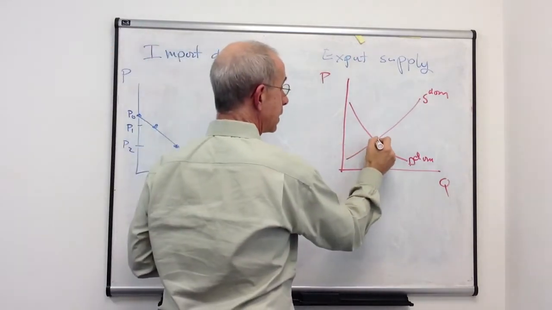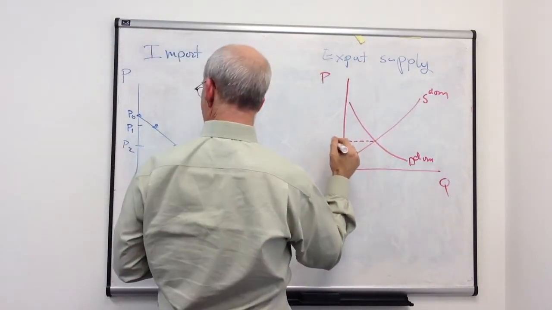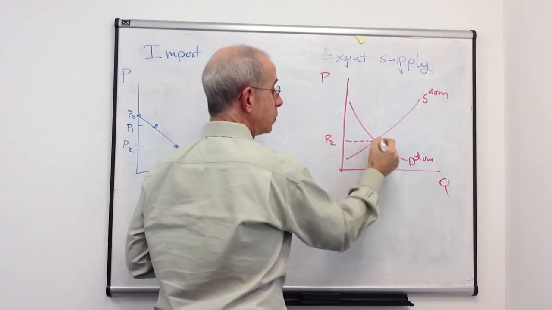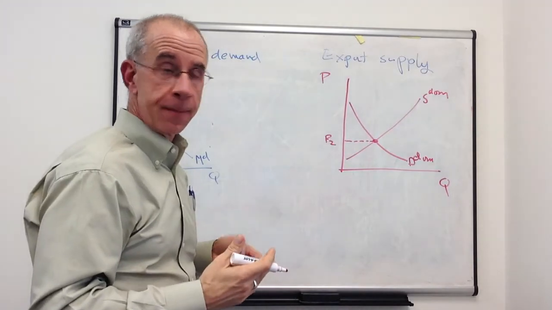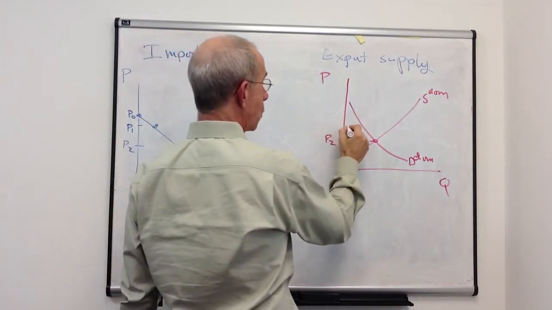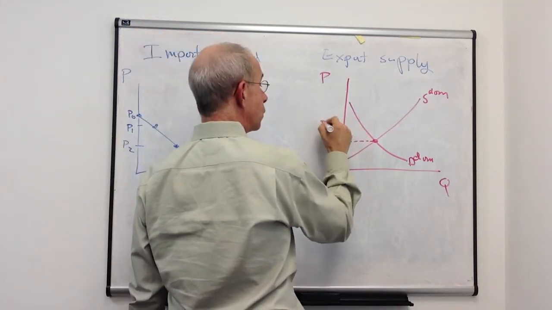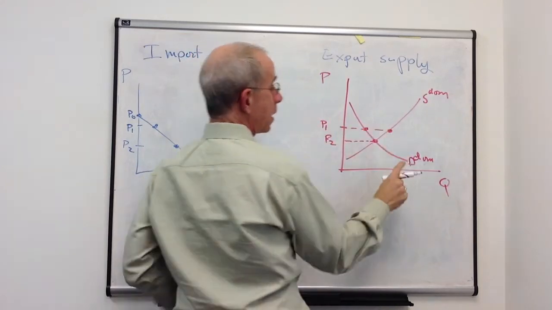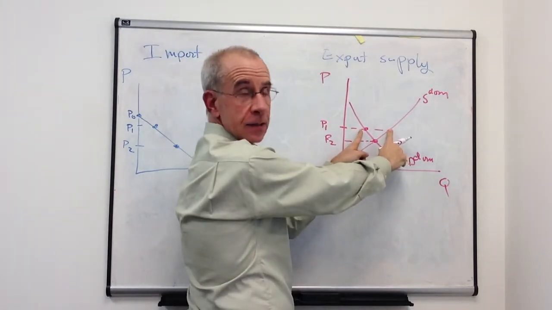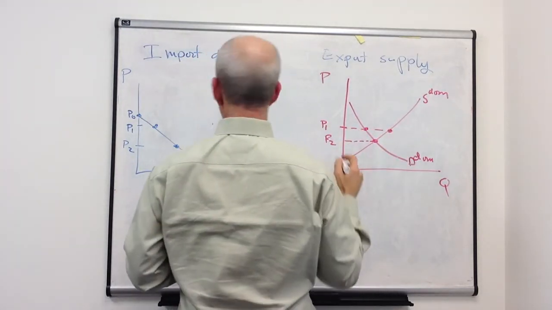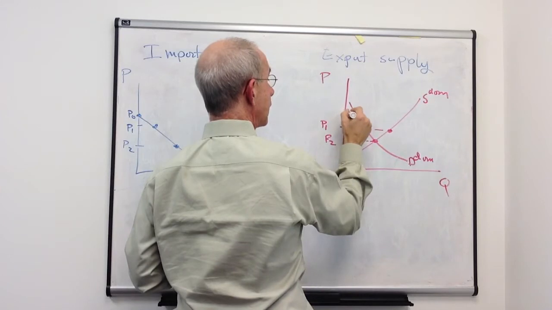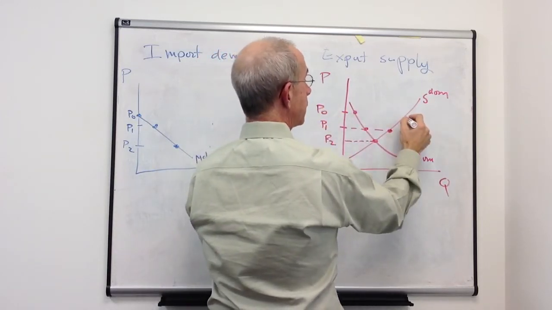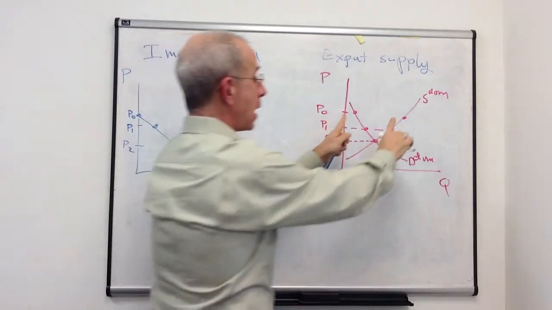And let's say at price P2, demand equals supply. And if the price were, say, P1, you would have this much excess supply. And at P0, you would have this much excess supply.